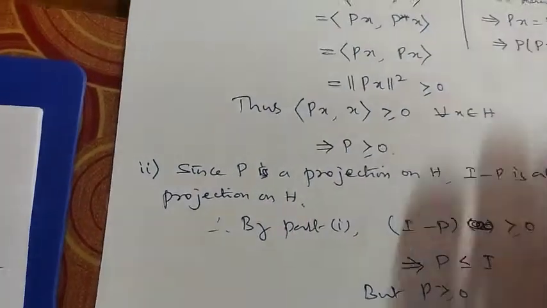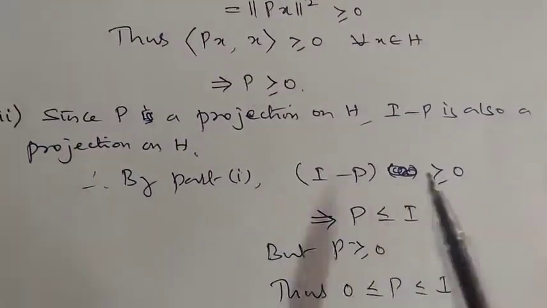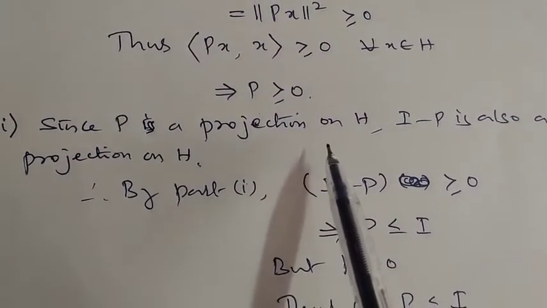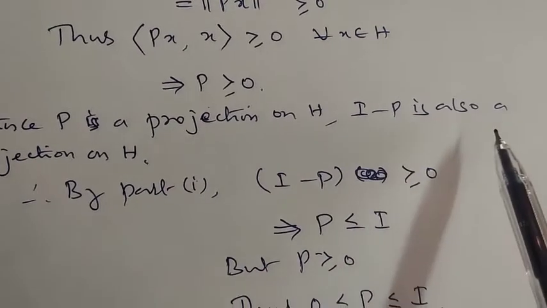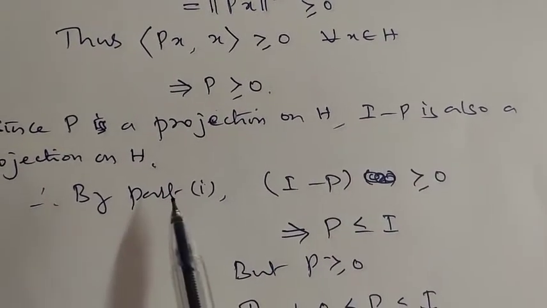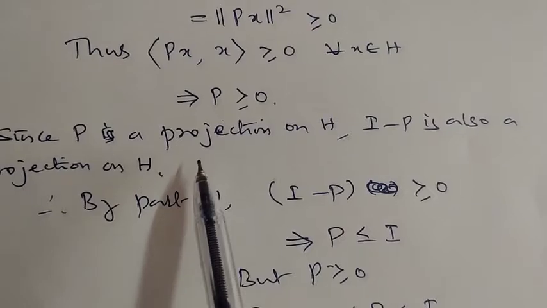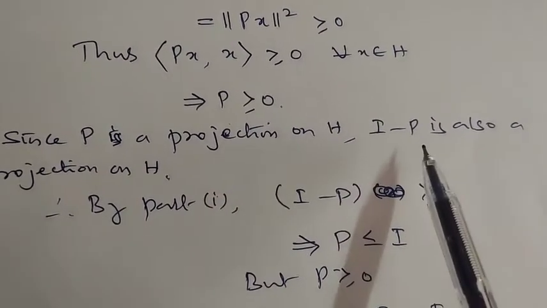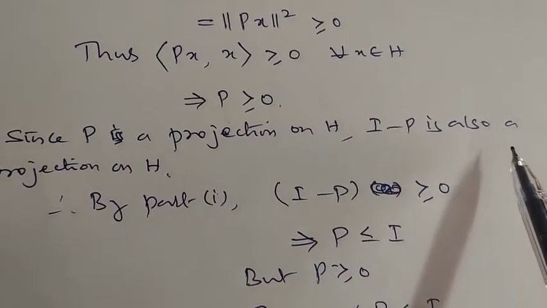Okay. Next, let us take up the second condition. Suppose P is a projection on H, then I minus P is also a projection on H. With range of P being M, I minus P is a projection with range M perp. We know this.